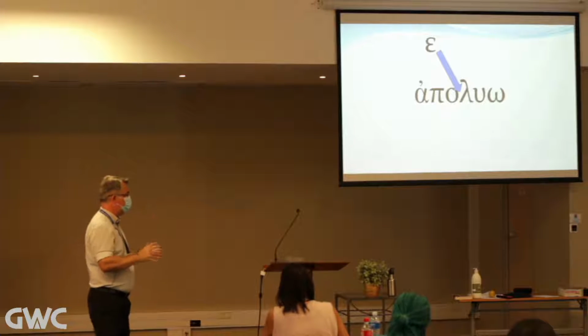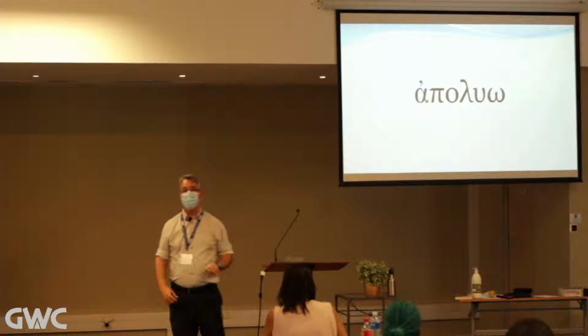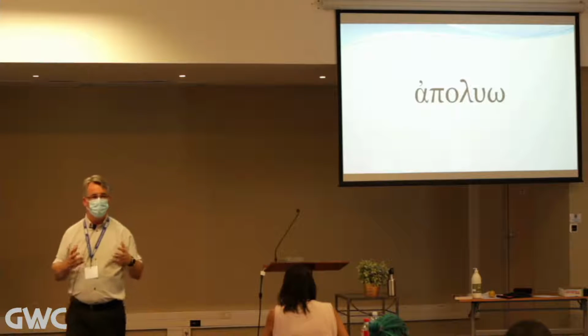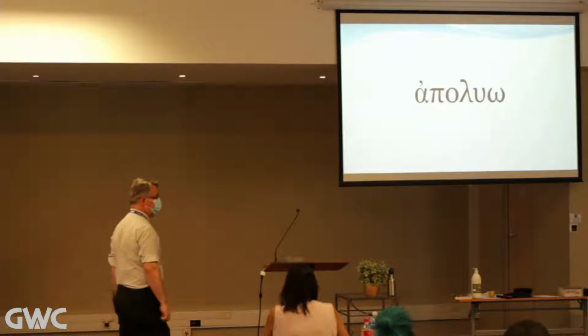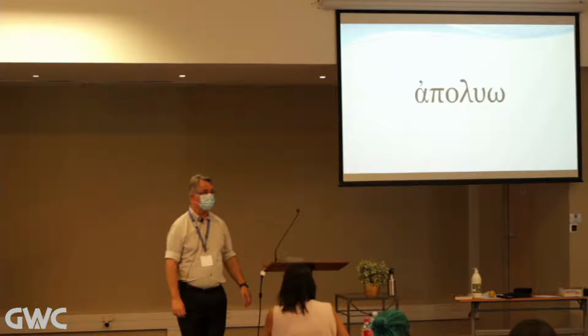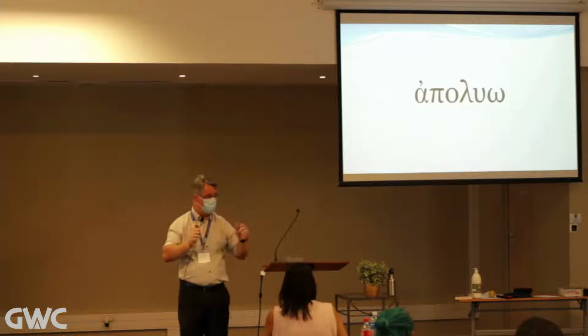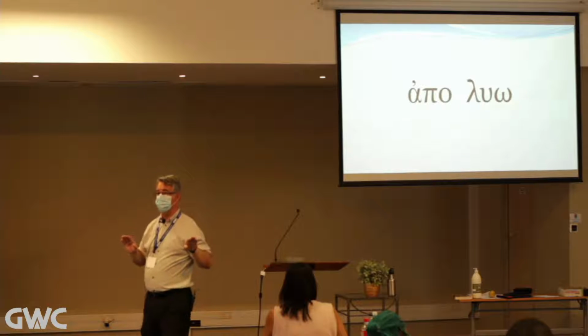So let's take this nice and slowly and work through a few examples. So how would I form the imperfect form of apaluo? Well, this is what I would do. Mental steps in your head. You don't have to, but in your head, this is what you do. Separate the preposition from the verb bit, just in your head.